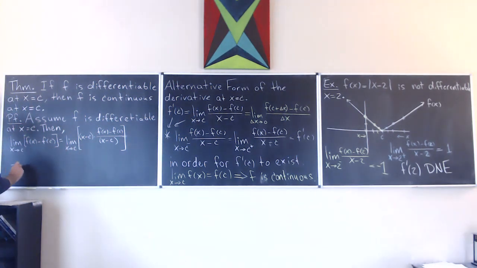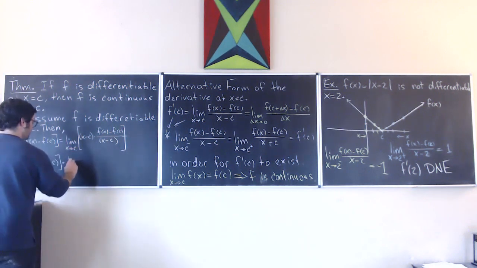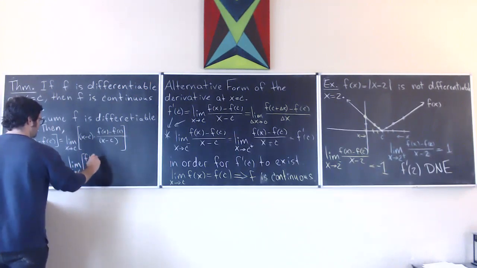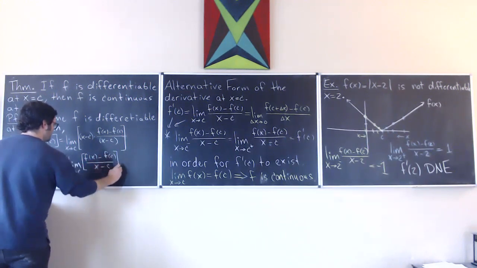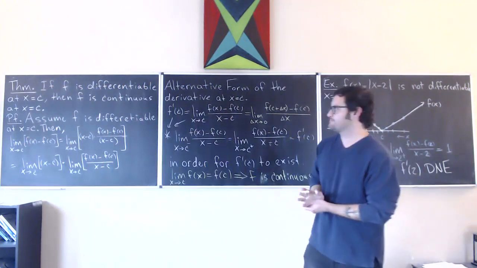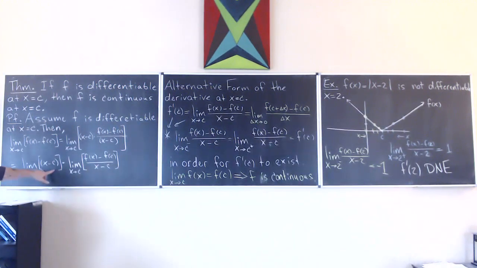So this is going to be equal to the limit as x approaches c of x minus c, times the limit of the other part. So now we see that this limit is 0.